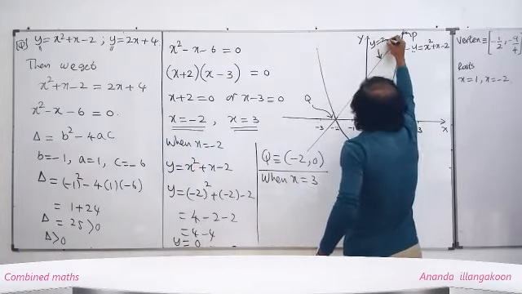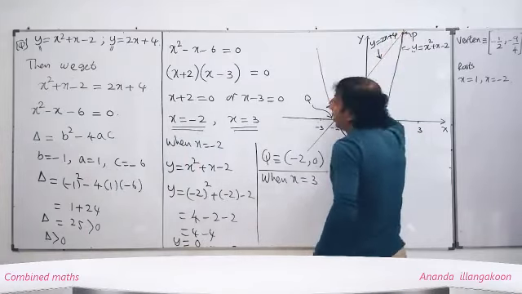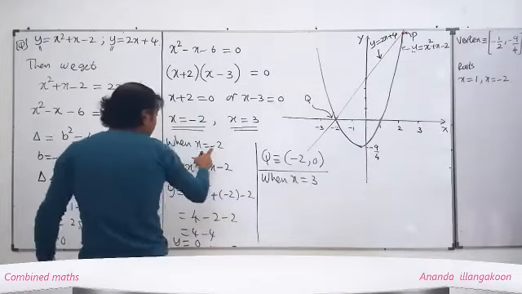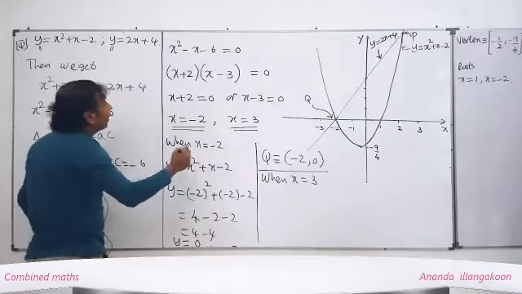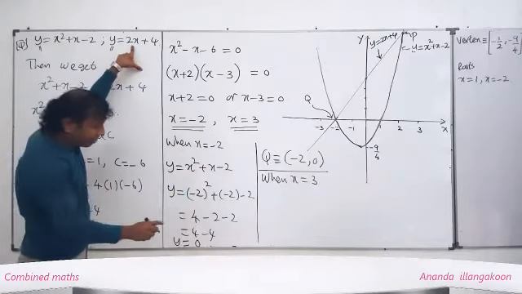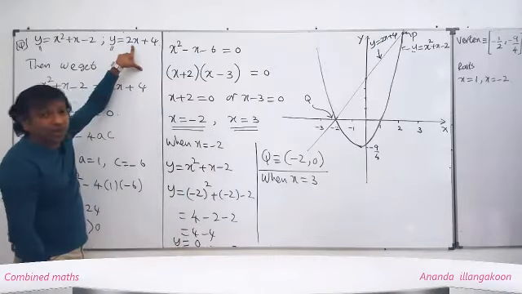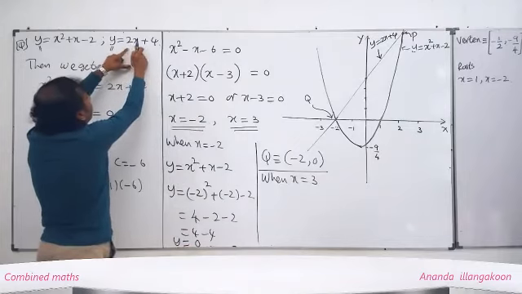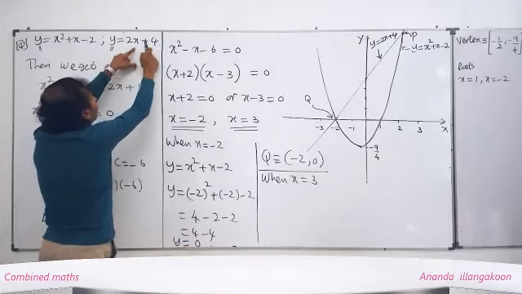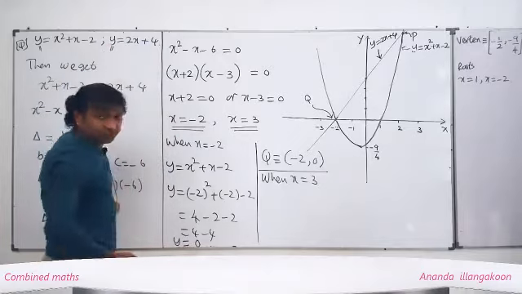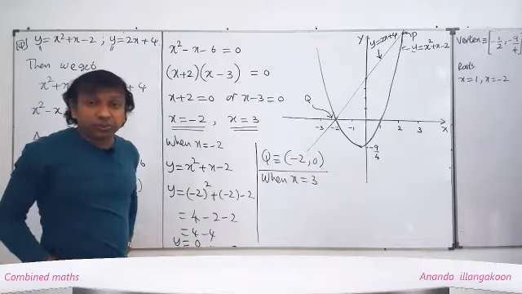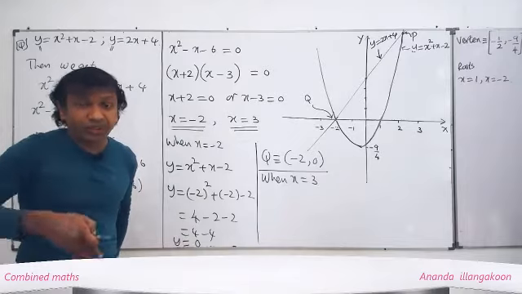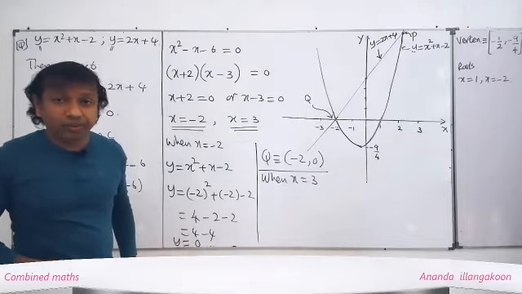If you put x equals -2 there, you still get that y is 0. 2 into -2 is -4, plus 4, y is 0, the same thing. So whichever equation you use to find the y value, substitute the found x value and you get the correct y value.